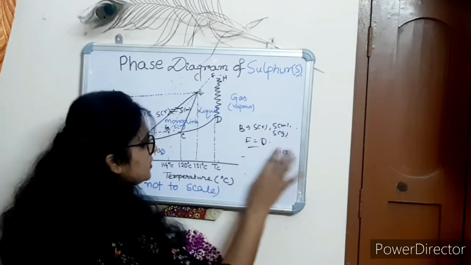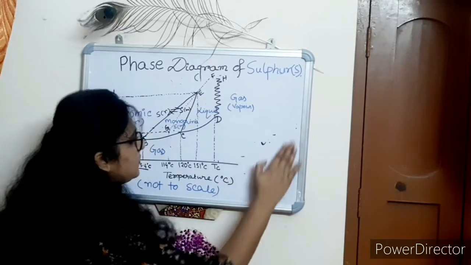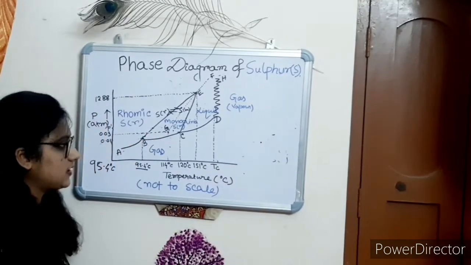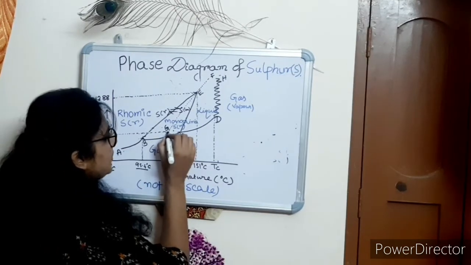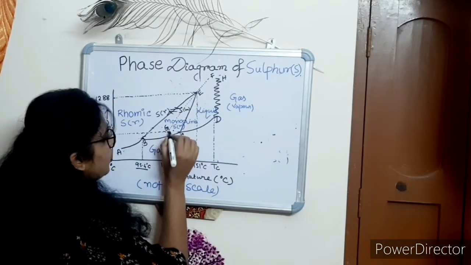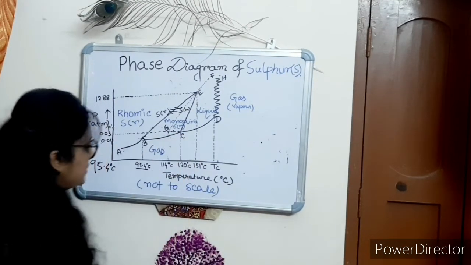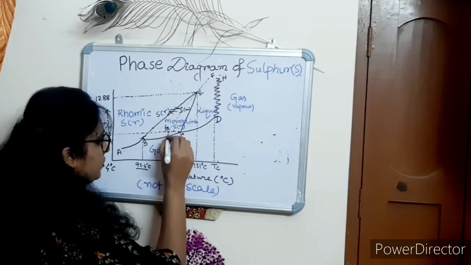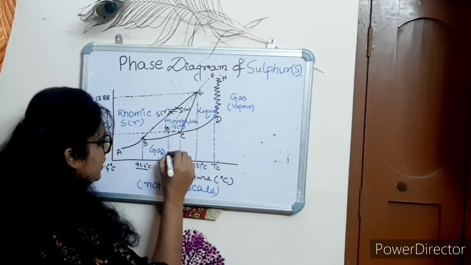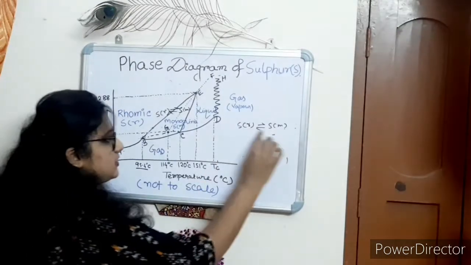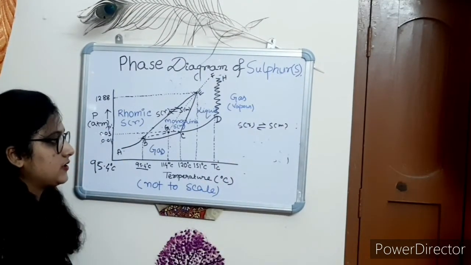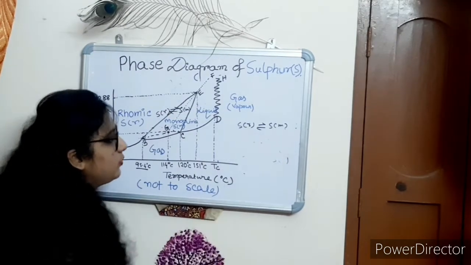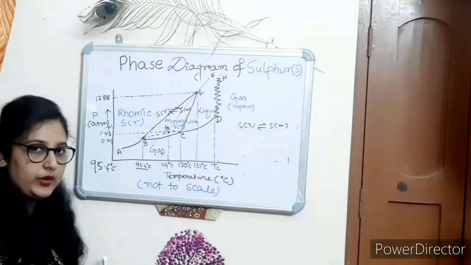Another interesting thing about the sulfur system is that there exists another triple point, the G point. This G point is also a triple point. I will tell you how it is considered a triple point. This process is a slow process. If we heat the sulfur system slowly, then we can get the monoclinic state from the rhombohedral state.